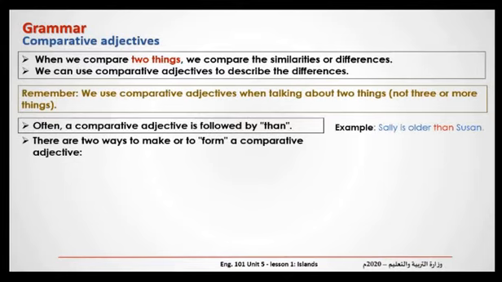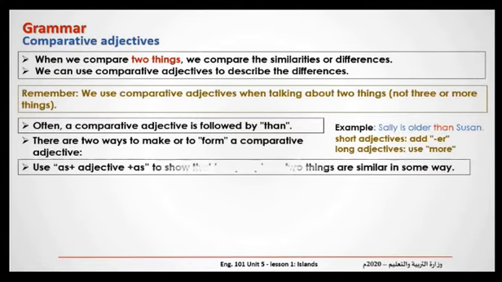There are two ways to form a comparative adjective. The short adjectives we add er. The long adjectives we use more. We use as plus adjective plus as to show that two people or two things are similar in some way.